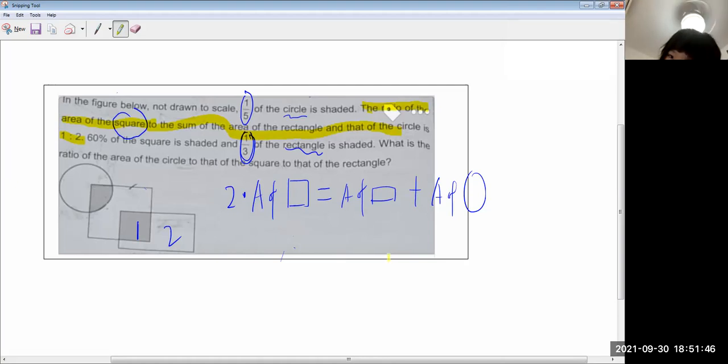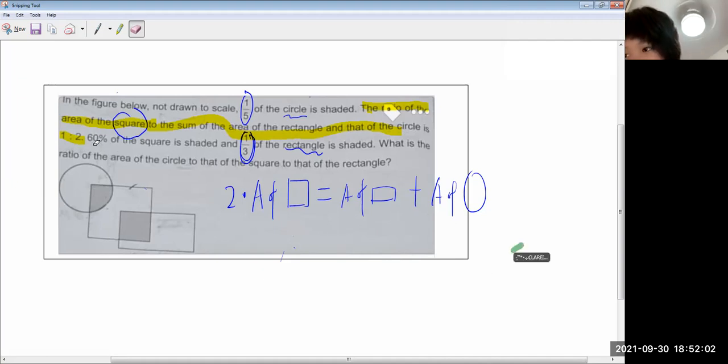You already have the area. This is 3 units. So instead of using this, I will use the square. I find that square is better. Why? Because I have this.